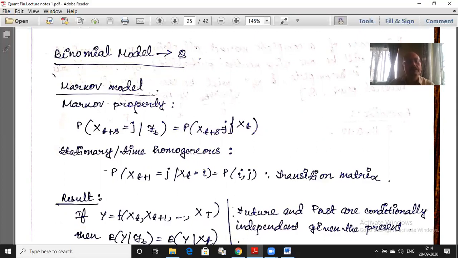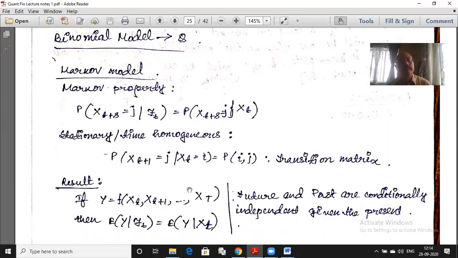In particular, we call it stationary or time homogeneous if the transition probability that I will go from state i to state j in one time step is independent of the time point where I am starting.